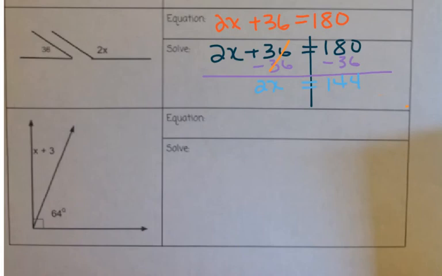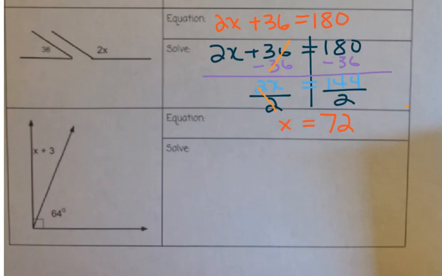It has a coefficient of 2. So I need to divide that by 2. When I divide the 2 by 2, they're going to cancel out. That's just going to give me an x. So on this side I have x, and on this side I have 144 divided by 2, and that gives me 72.